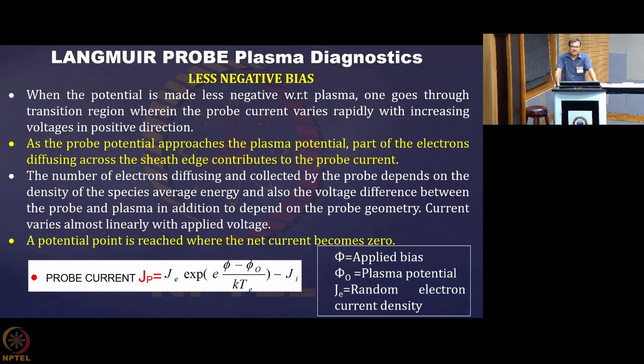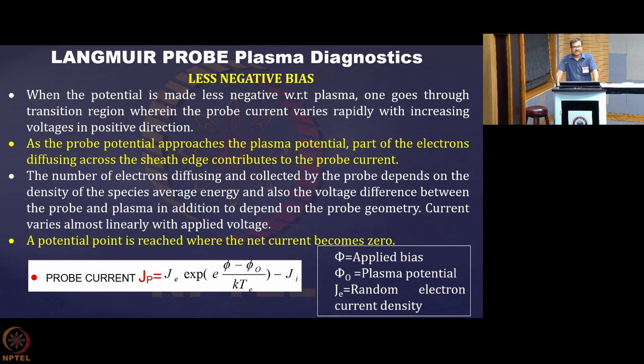The number of electrons diffusing and collected by the probe depends on the density of the species, average energy, and also the voltage difference between the probe and the plasma, in addition to dependence on the probe geometry. So, current varies almost linearly with applied voltage.